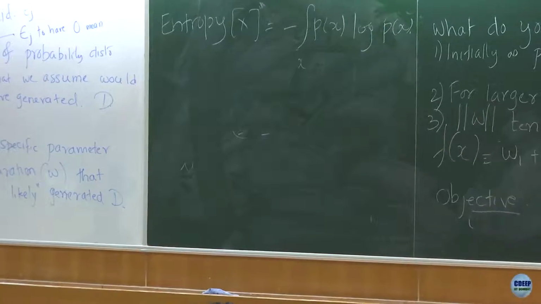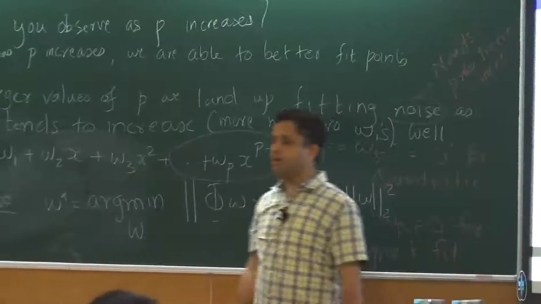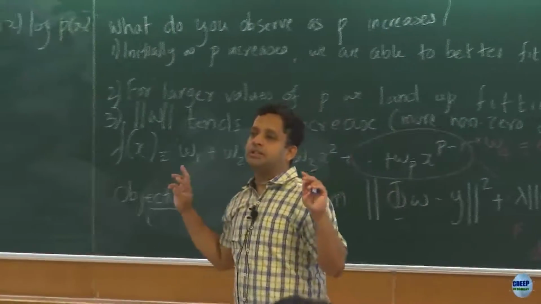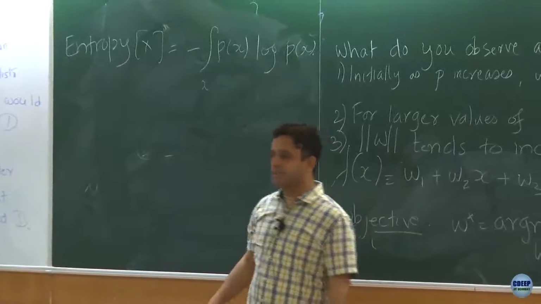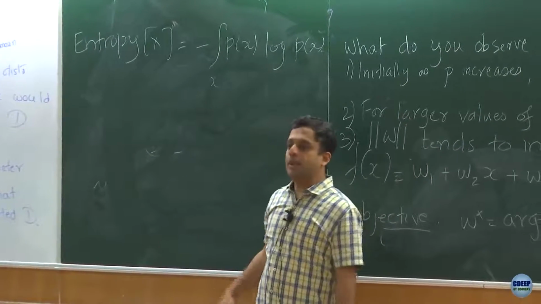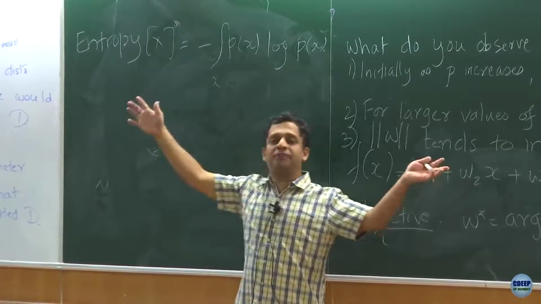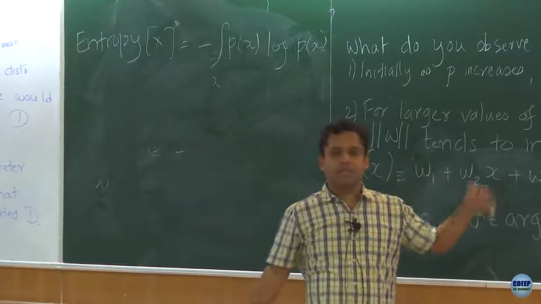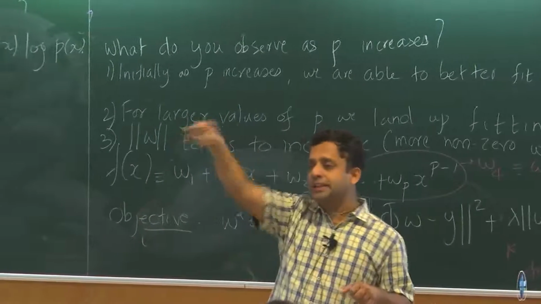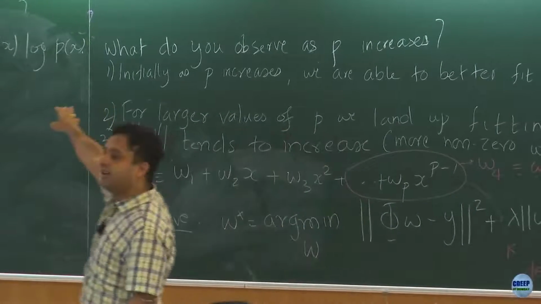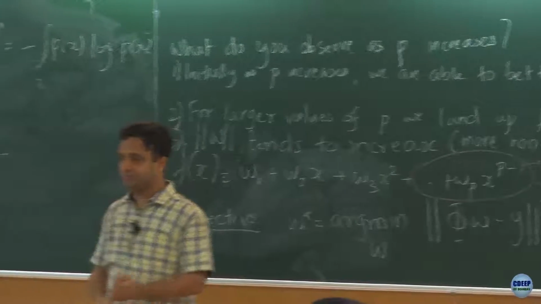So what we are going to claim is that if I am specified a variance, some constraint on the variance, and I've left open the form of P, that form of P which will obey the variance constraint and yet maximize the entropy is the Gaussian distribution.